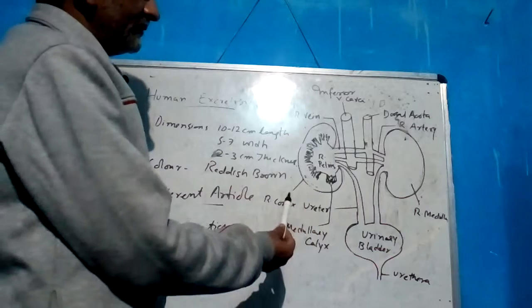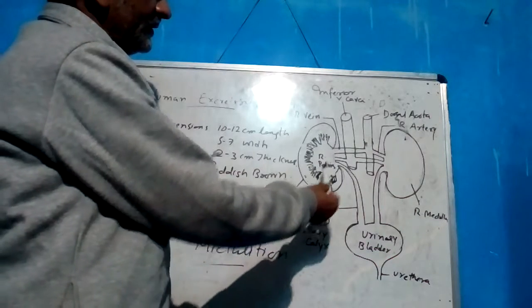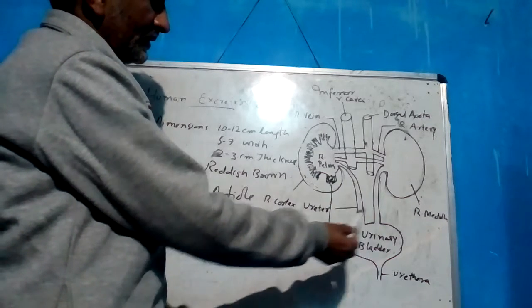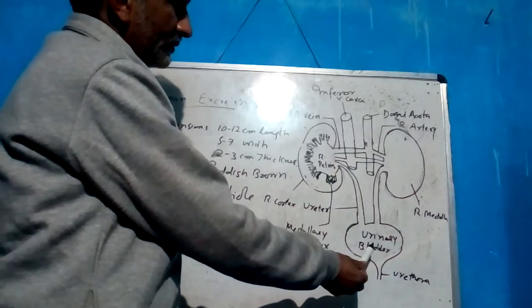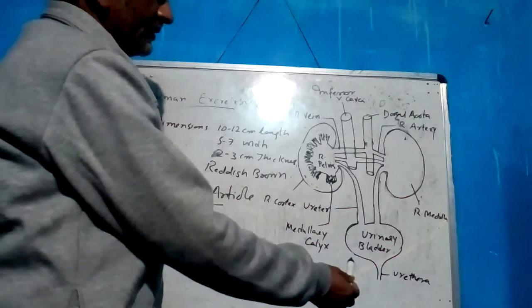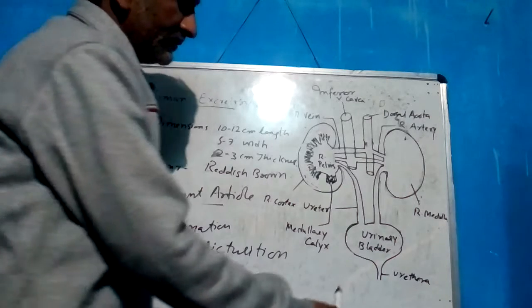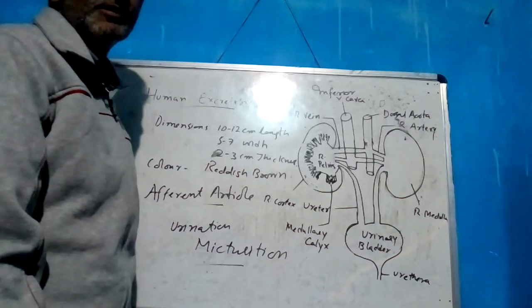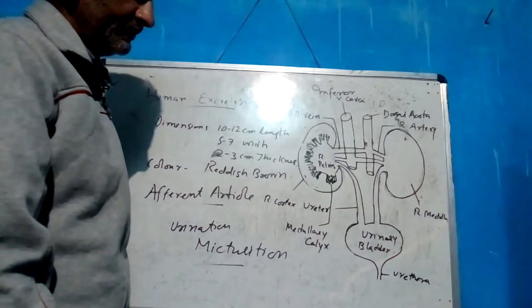In this way, the urine found in each of the kidneys is poured temporarily in the urinary bladder, and subsequently it is thrown out of the body by the urethra.